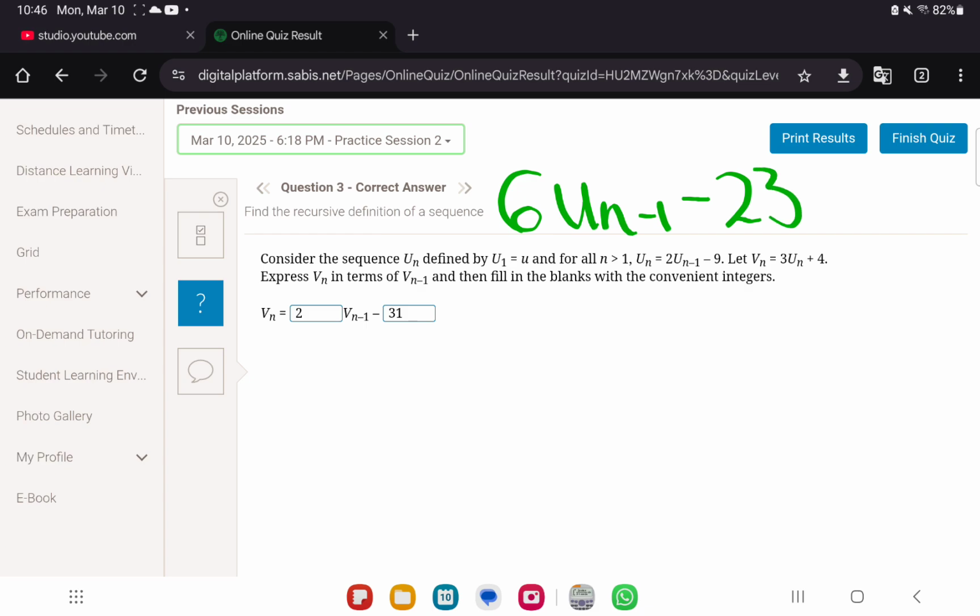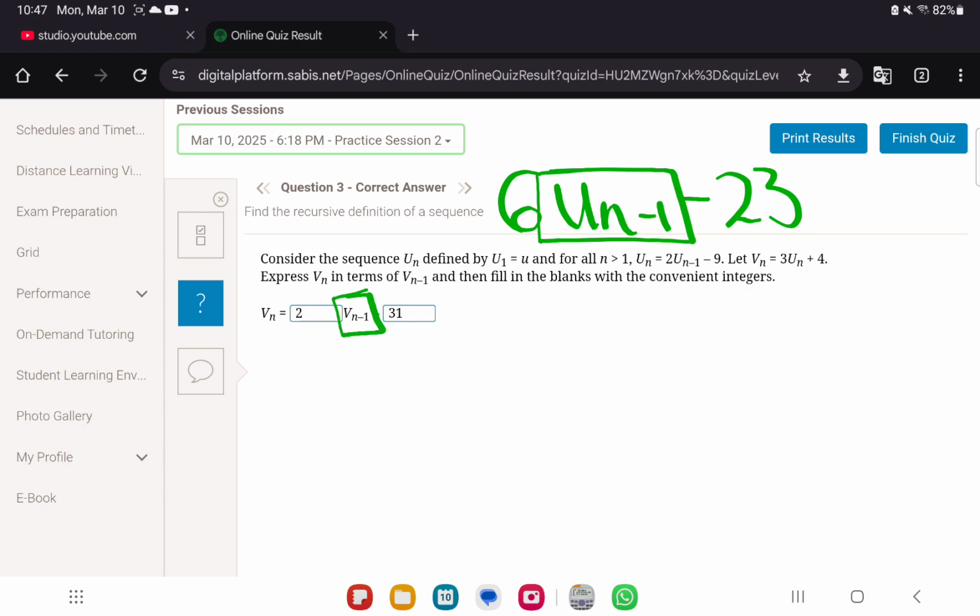Now we have this, but this is not your final answer because they want this part to be Vn minus 1, not Un minus 1. So we need to find a way to get that to be Vn minus 1. Here we know that 6 Un minus 1 is equal to this part here.